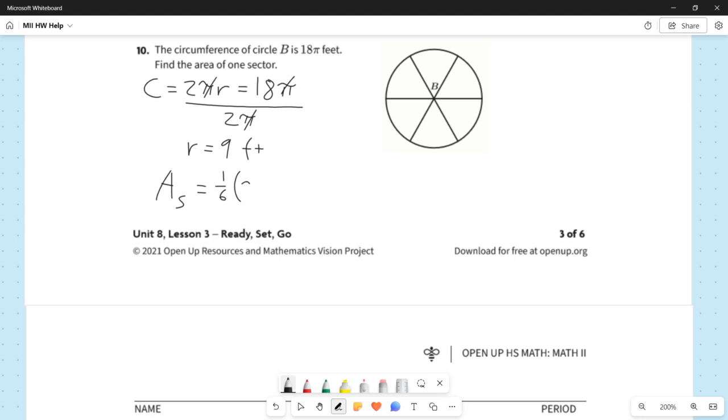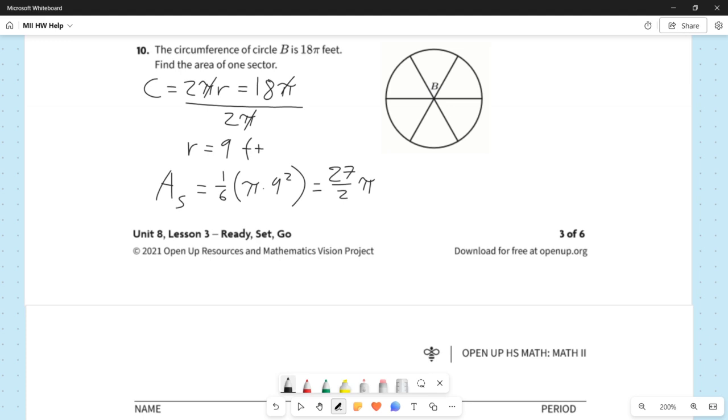The area of a circle is pi times r squared, and we just solved for r. So this is going to be 1/6 times pi times 9 squared, and that is essentially our answer. Now we just need to clean it up a little bit. 9 squared is 81, and 81 over 6 simplifies to 27 over 2, because the GCF of 81 and 6 is 3.